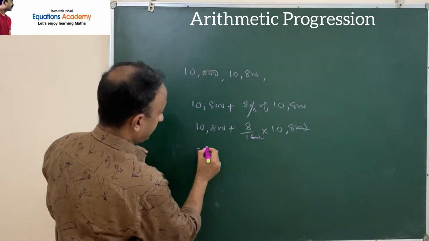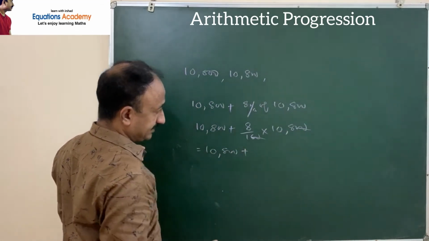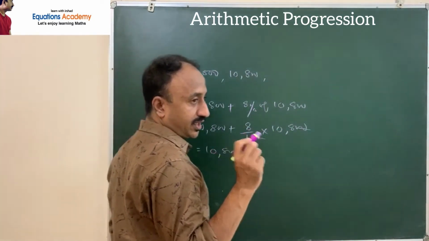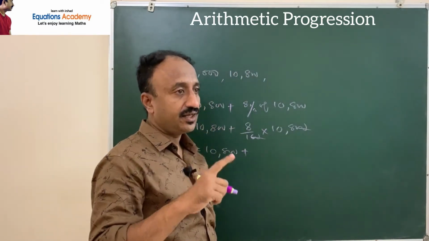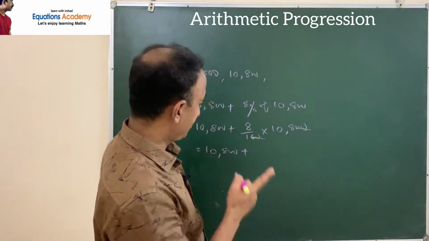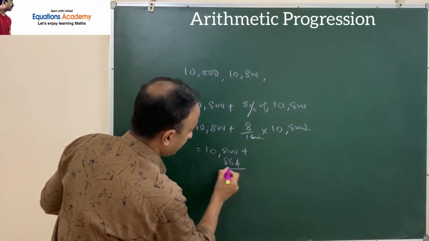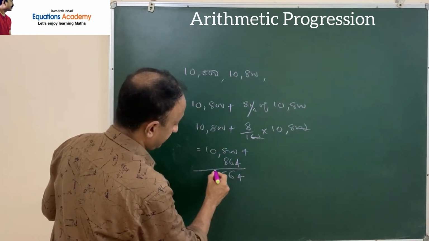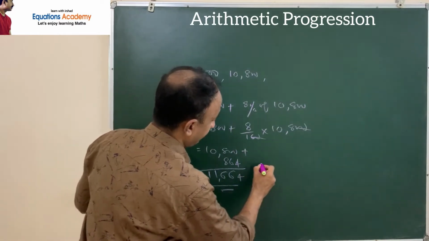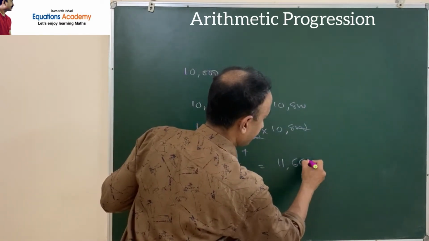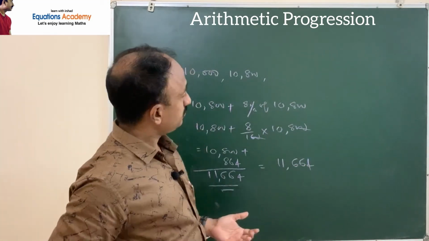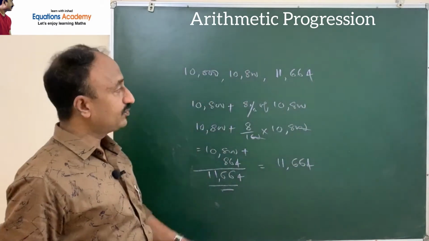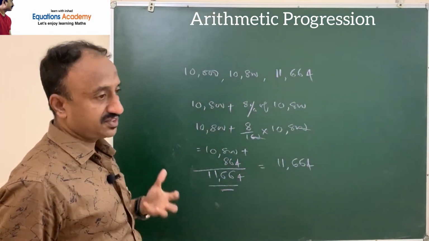This will be 10,800 plus 8 into 108. 8 into 100 is 800, then 8 into 8 is 64, so it will be 864. So he will get 4, 6, 8 plus 6, 16, then 11, 1. So he will get 11,664. This will be the compound interest. So the third term will be 11,664.